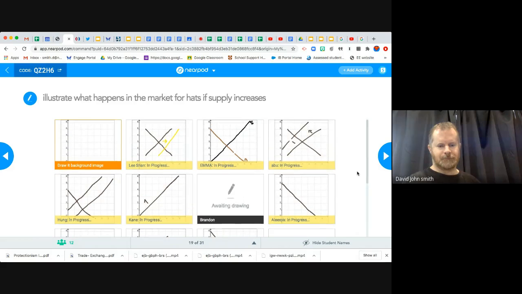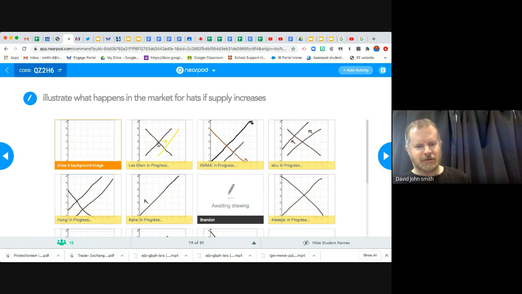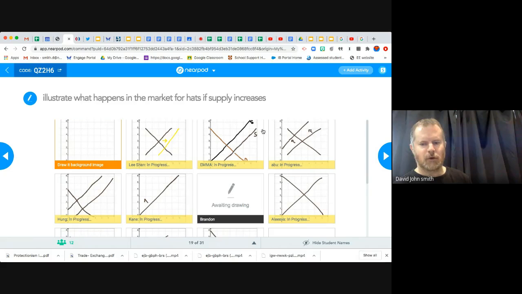Good work. Yep, there's the supply curve shifting to the right. And remember, we're wanting to see the same thing. See if you can identify what happens to the equilibrium price and what happens to the equilibrium quantity.